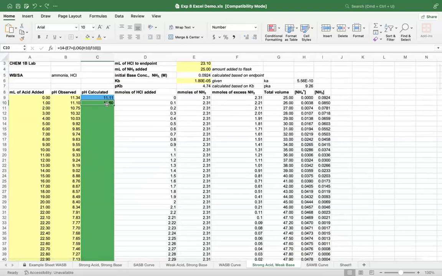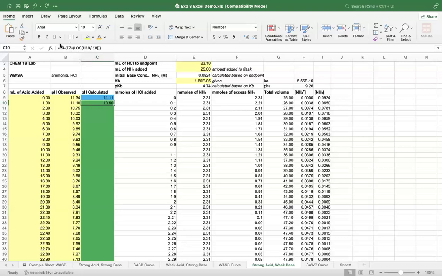Is it the pKb minus the log? Is that what it is? Give me a sec. No, I'm right. It's the pKb plus the log of the conjugate acid over the base. What am I doing wrong?